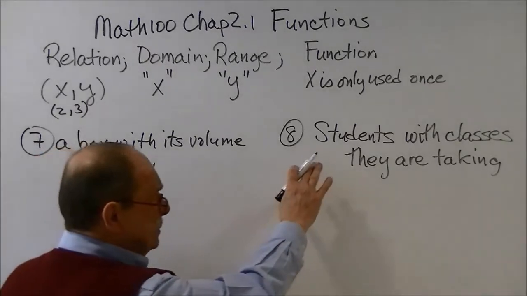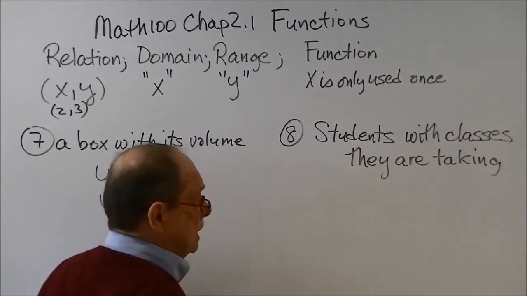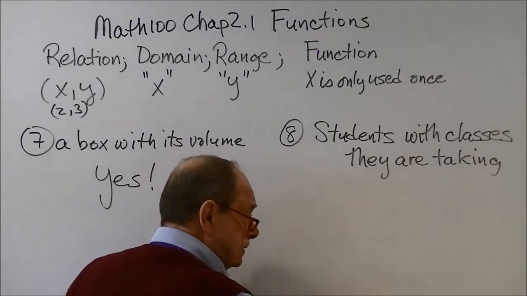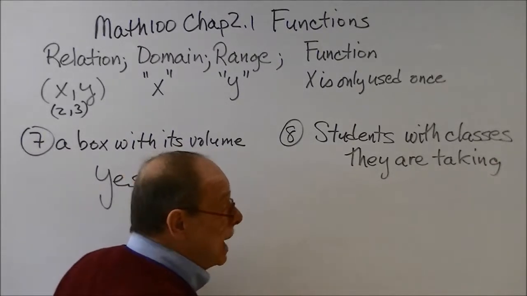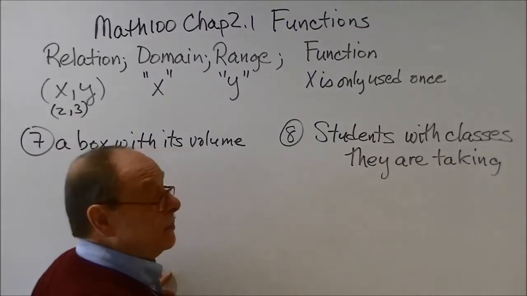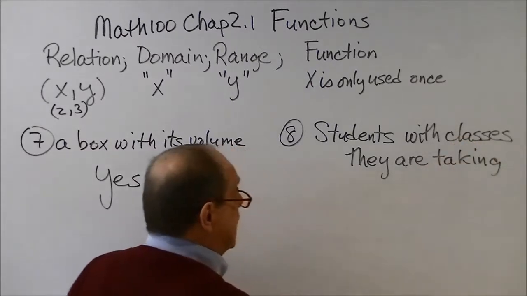Now another one, we have students with their various classes that they're taking. So again, if it was just a list of students and they're only taking one class, that would be a function. But here it's students taking more than one class.